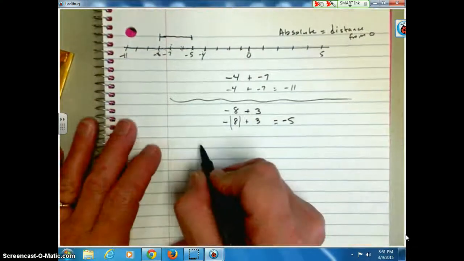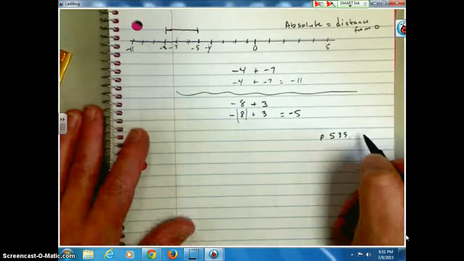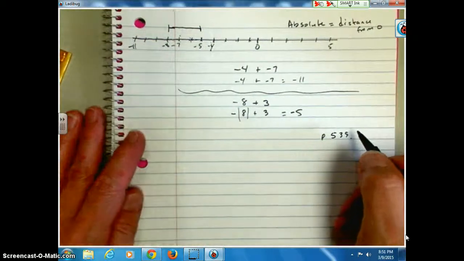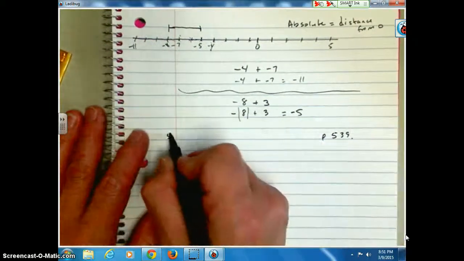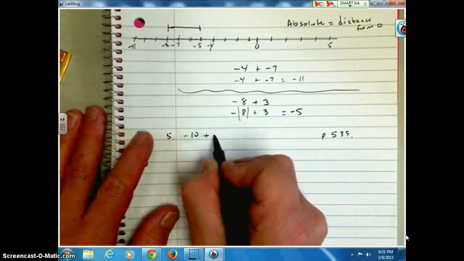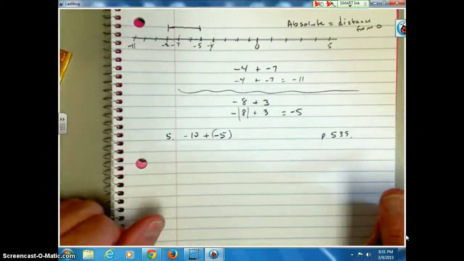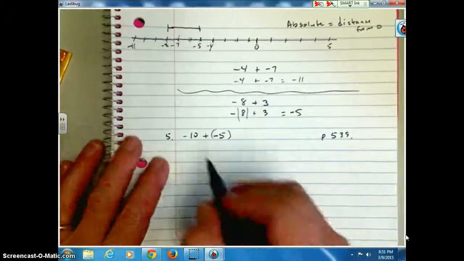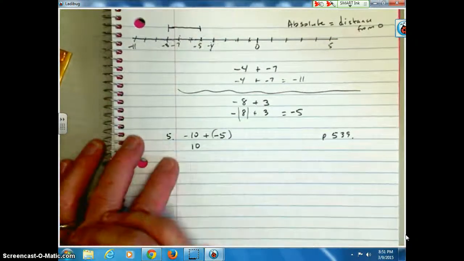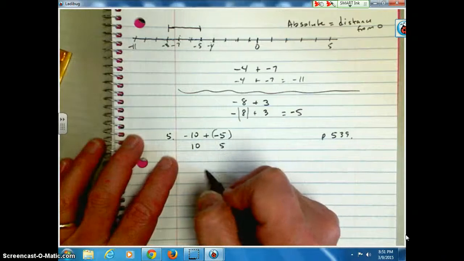So let's do a couple more examples. Let's go to page 539, and you can turn to your book right now if you want to do that. Otherwise, you can just write them down with me, and we're on number 5. So let's take a negative 10, and we're going to add a negative 5, and put the brackets around just so we don't get our symbols mixed up. Negative 10 is 10 away from 0, and negative 5 is 5 away from 0.